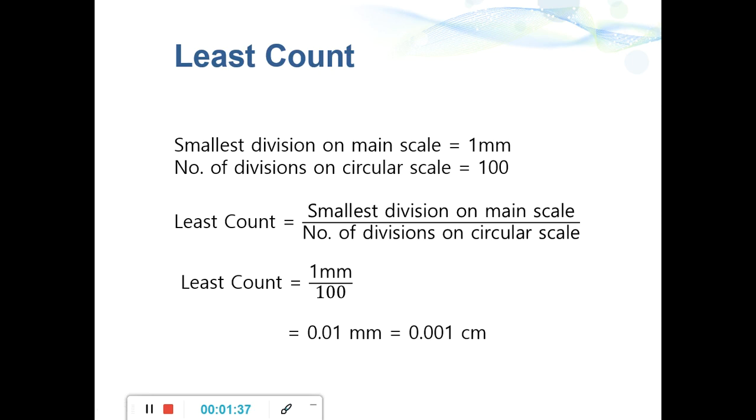We already discussed the formula for least count, which was smallest division on main scale divided by number of divisions on circular scale. Now we see that smallest division on main scale is 1 millimeter. Number of divisions on circular scale are 100 for screw gauge.